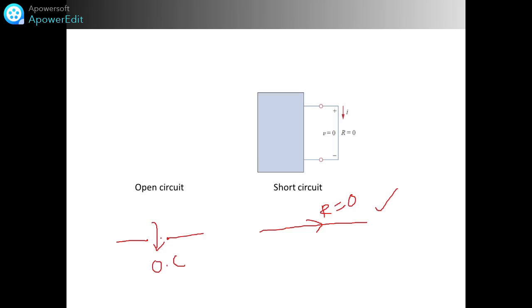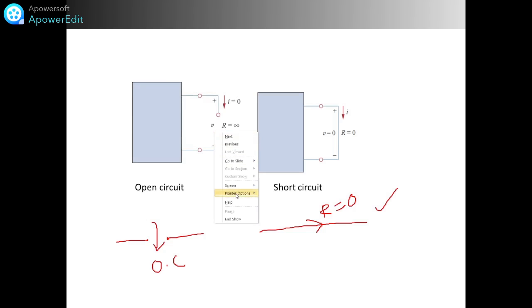In terms of resistance, if the resistance is very large, nearly infinity, it is treated as an open circuit. If the resistance is very low, ideally 0, it is treated as a short circuit.